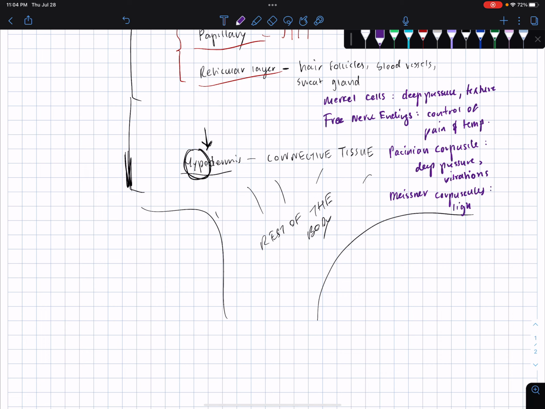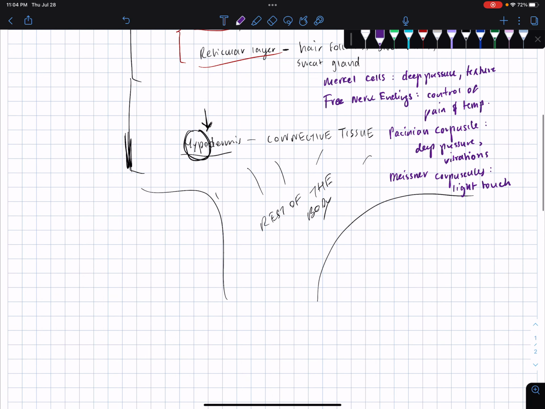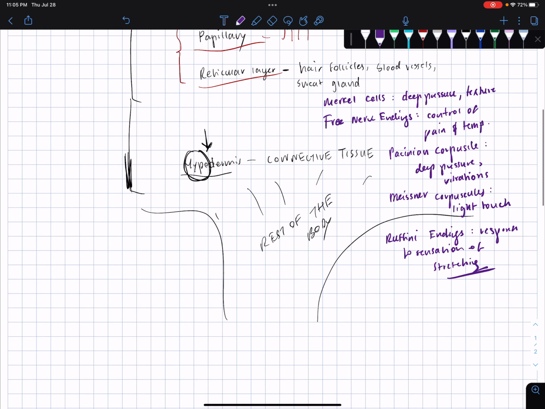This has to do with light touch sensation. And the last one that we'll be discussing today are Ruffini endings. And this has to do with the response to the sensation of stretching.